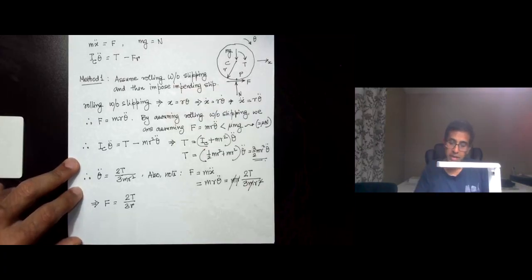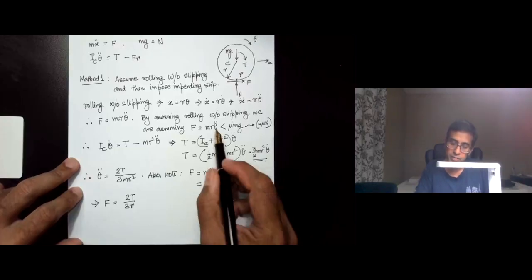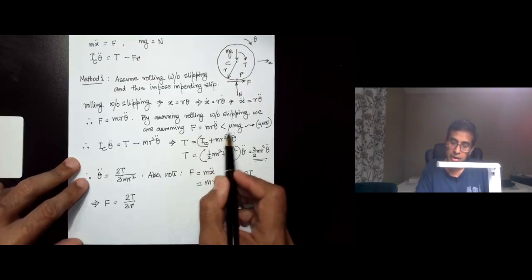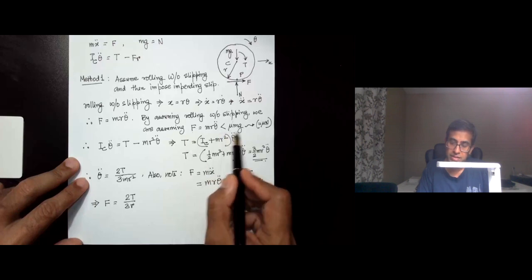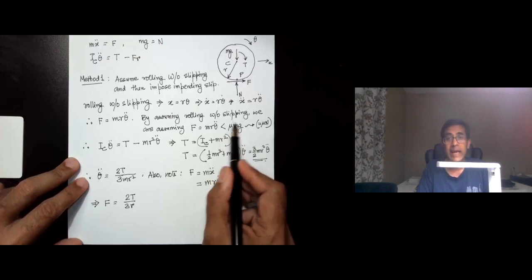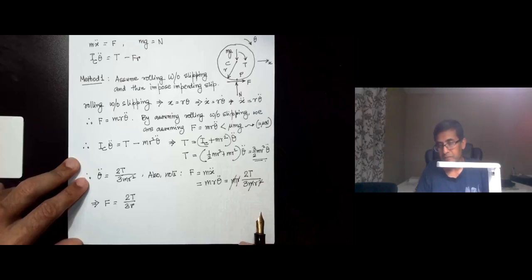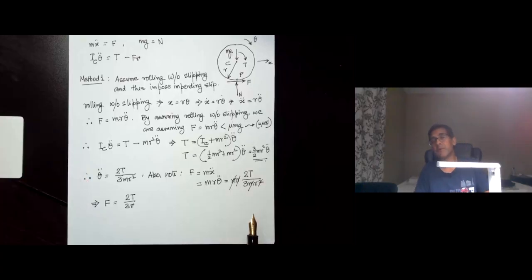Now here we have throughout assumed that there is no slipping, it's rolling without slipping. Now we made the observation that the slipping occurs when the friction force just exceeds the mu times N or mu times m g value, because that's the maximum friction that the two surfaces that are in contact with each other can withstand without slipping.